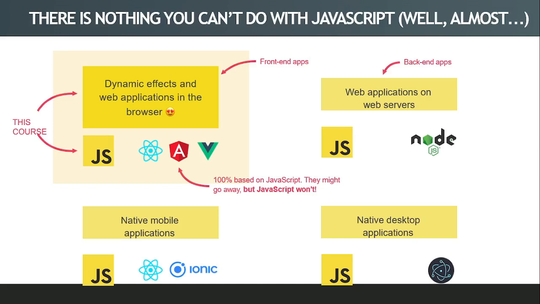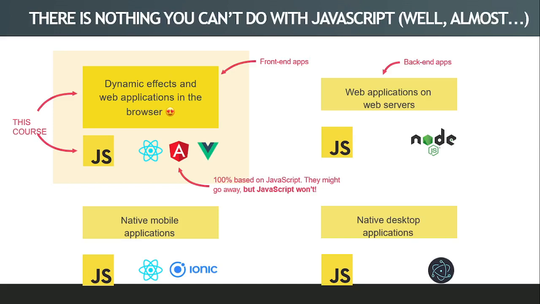At that point, you are able to build web applications. So the first thing you can do with JavaScript is build web applications on the front end. You can also build web applications on the back end, and at that time JavaScript is called Node.js.